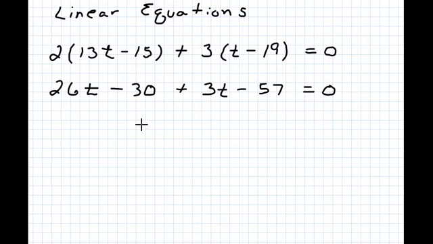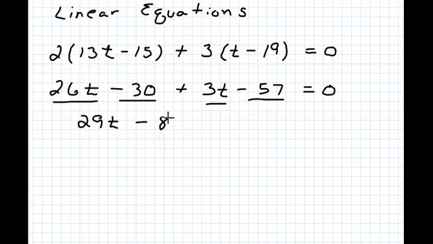So now what we want to do is collect all our like terms up. So we have 26t and 3t, so those are our like terms, and that's going to give us 29t. And then we have this minus 30 here and minus 57, so we're going to end up getting a negative, and that should be 87 if all is correct.